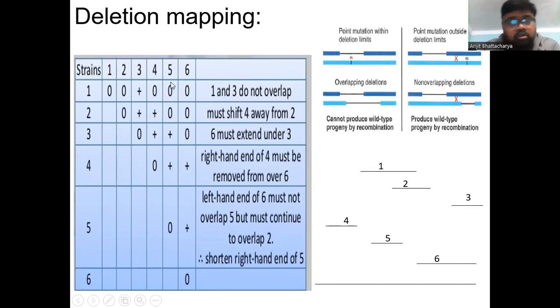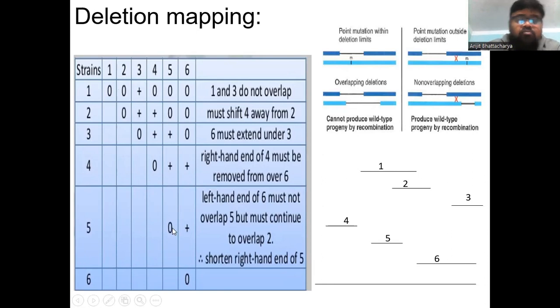Similarly, for 4, if you get colonies only in 5 and 6, that would mean that 4 is distant from 5 and 6, but it is overlapping with 1, 2, and 3, if you are not getting any colony in 1, 2, and 3 when it is co-infected with 4.